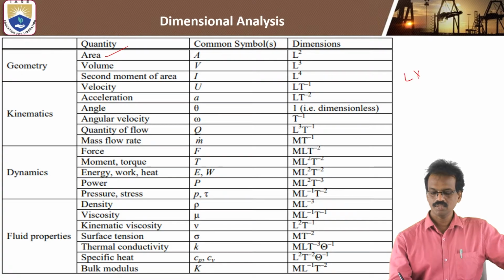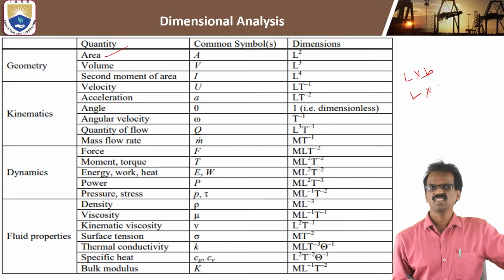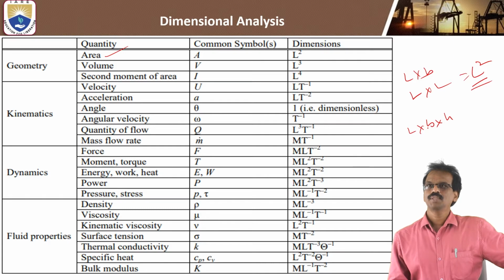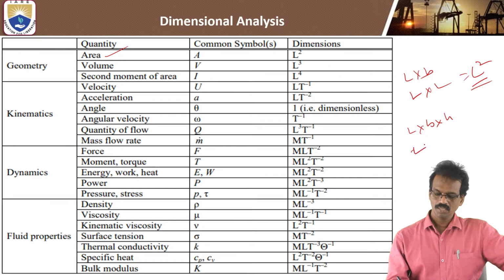Area is length into breadth, both measured in meters, so the dimension is L squared. Volume is length into breadth into height, so L into L into L, L cubed.